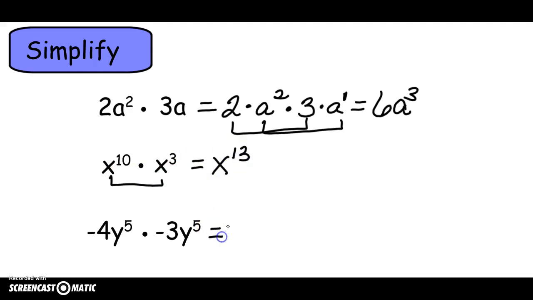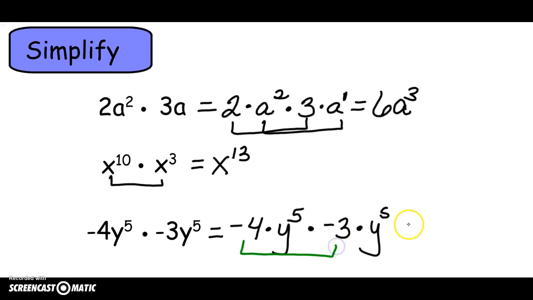And then the next problem, I have negative 4 times y to the fifth, times negative 3 times y to the fifth. Multiply your numbers first. Be careful of the negatives. So negative 4 and negative 3 is positive 12. And then y to the fifth times y to the fifth is y to the 10th.